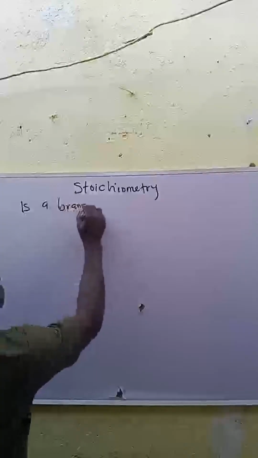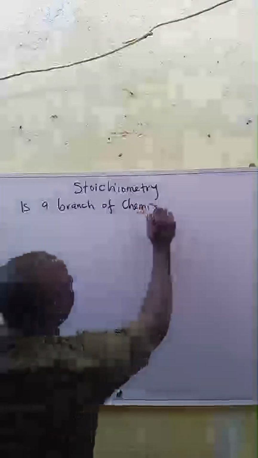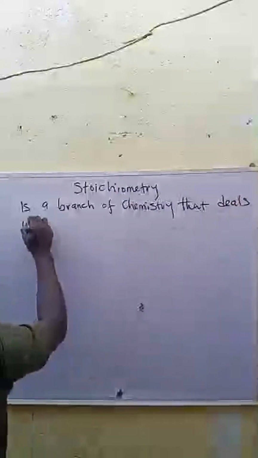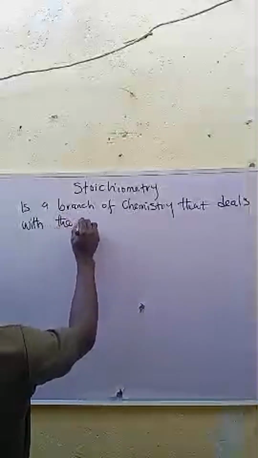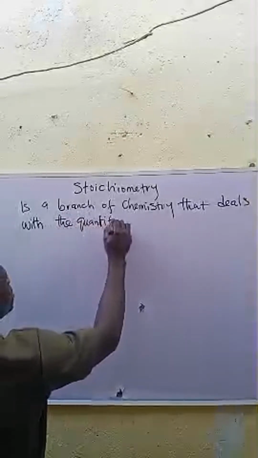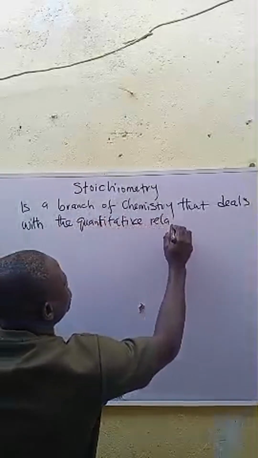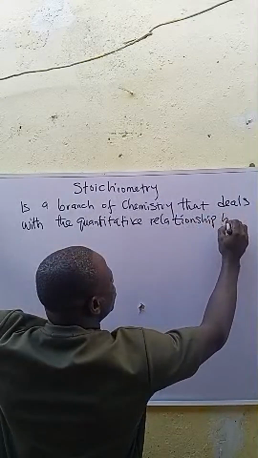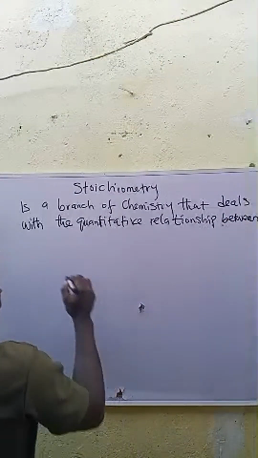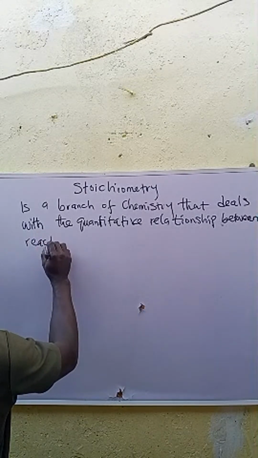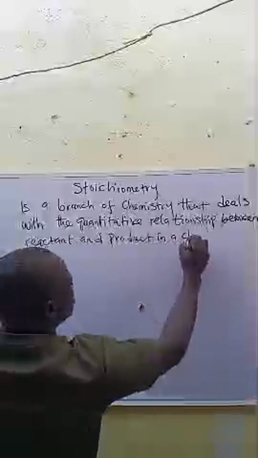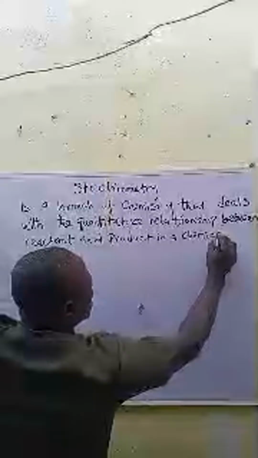Stoichiometry is a branch of chemistry that deals with the quantitative relationship between reactants and products in a reaction.